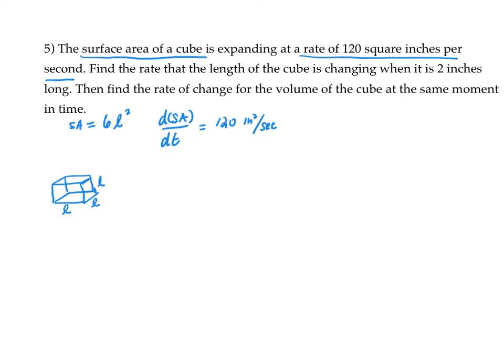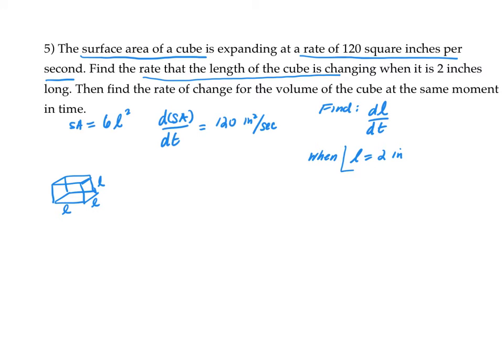Okay, so it says find the rate that the length of the cube is changing. So we want to find dL/dt, the rate of change for the length of the cube with respect to time. And we want to find dL/dt when the length is equal to 2 inches.